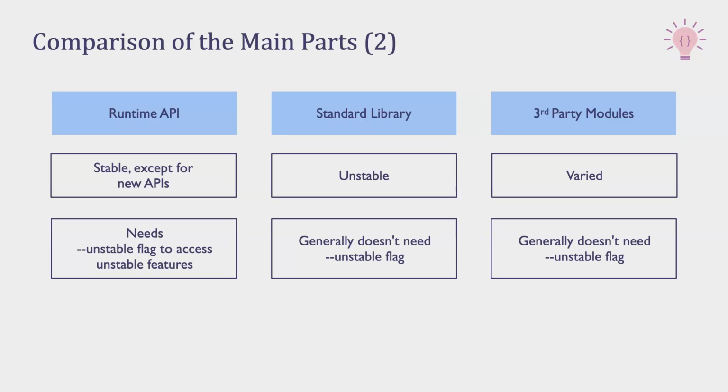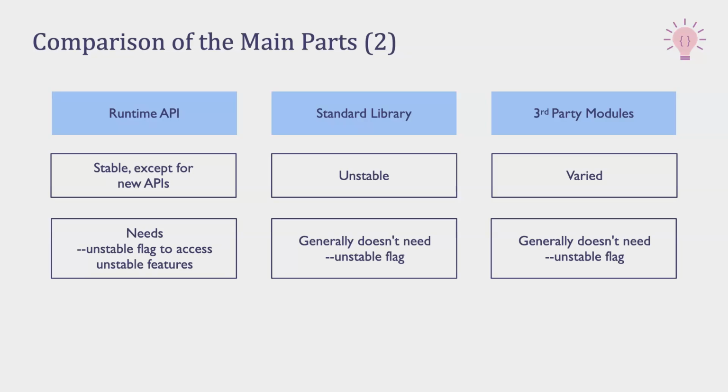However, if the standard library under the hood uses unstable features from the Runtime API, then you still need to give the unstable flag. So in general, you do not need to give unstable flag when using standard library unless the standard library that you use happens to use an unstable feature of the Runtime API.